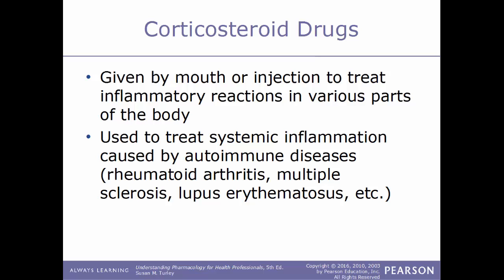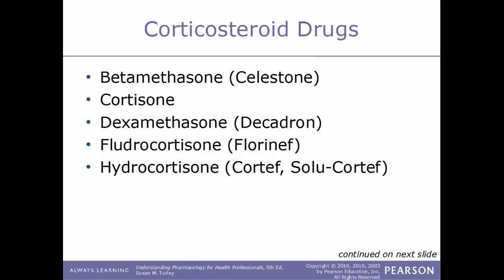These can be used to treat systemic inflammation that's caused by autoimmune diseases such as MS, lupus, rheumatoid arthritis, and so on. Some examples of corticosteroid drugs: betamethasone, also known by its trade name Celestone; cortisone; dexamethasone, also known as Decadron; fludrocortisone, Florinef, like we mentioned earlier; and hydrocortisone, also known as Cortef or Solu-Cortef.